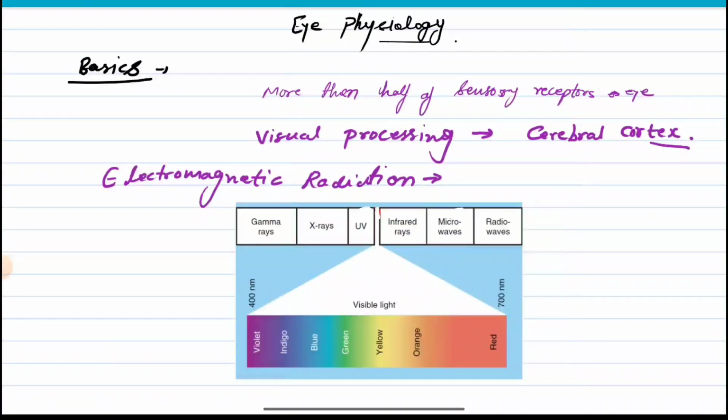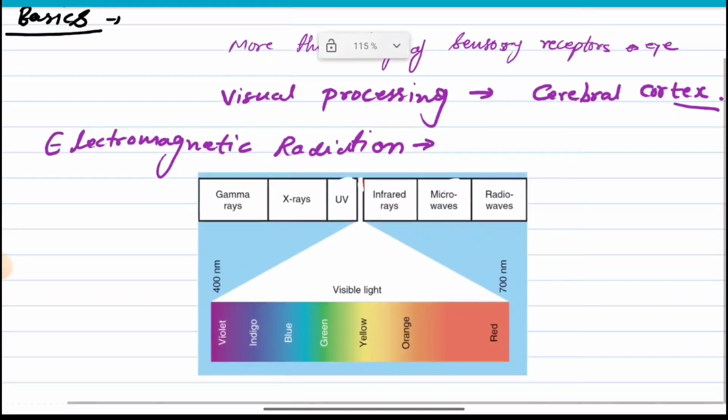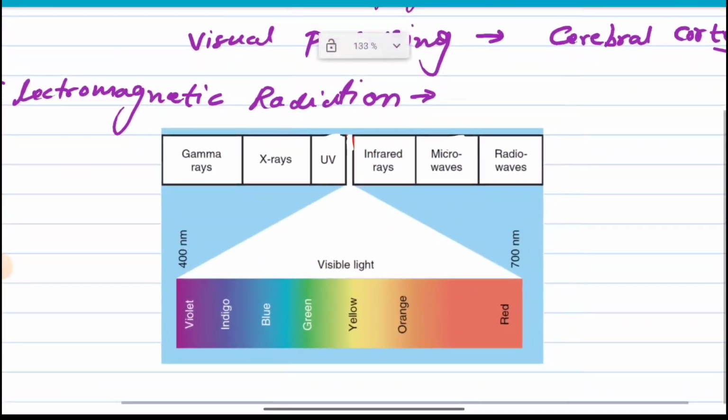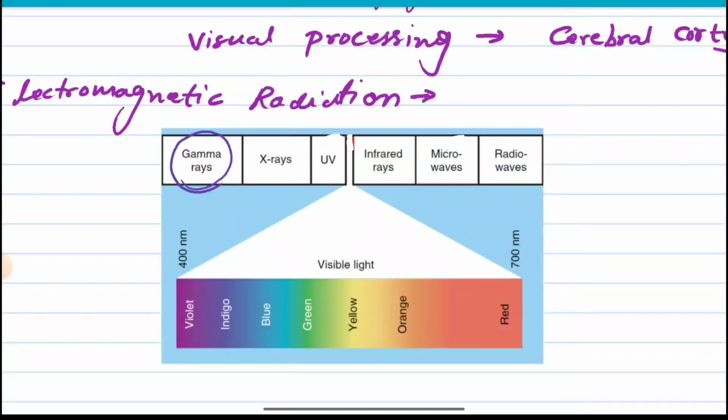In this we can see it contains different wavelengths, from the very short wavelength of gamma rays, to the very long wavelength of radio waves. For gamma rays, the wavelength is even smaller than a nanometer, and for radio waves, the wavelength is even greater than a meter.